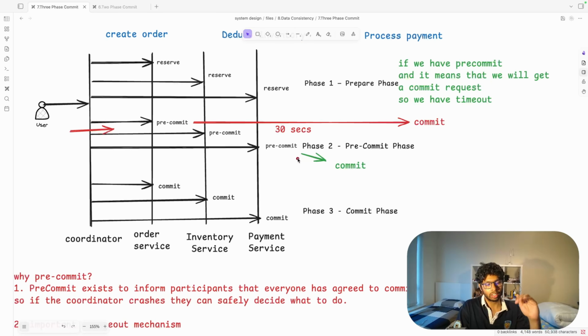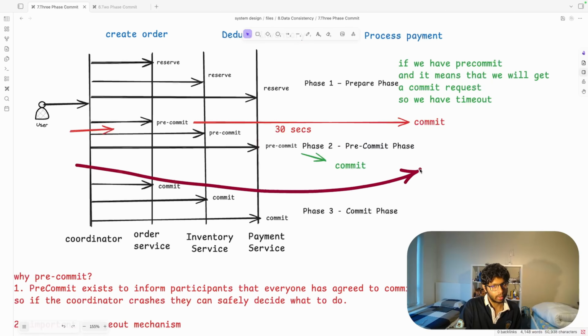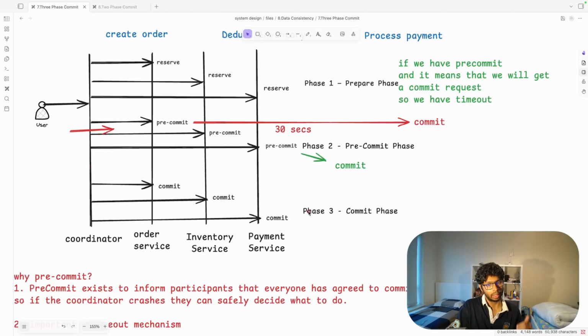Of course this transaction is going to take more than 30 seconds, because the payment service is not working. But the transaction will complete, and we have an alert also that this payment service is not working after 30 seconds. So this is how the three-phase commit works.